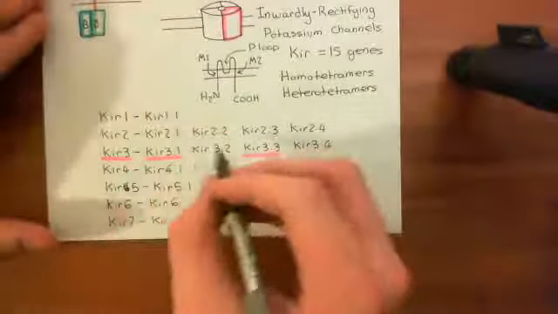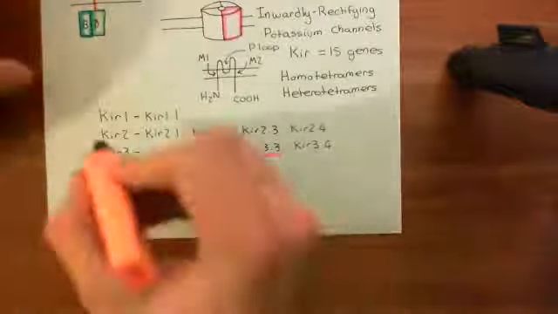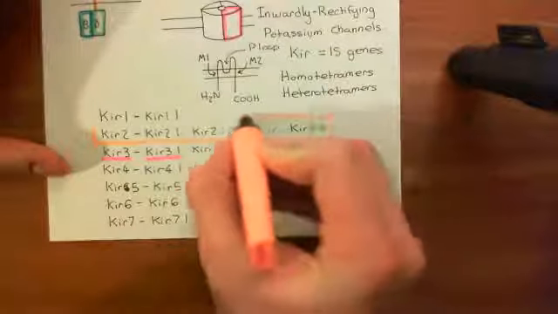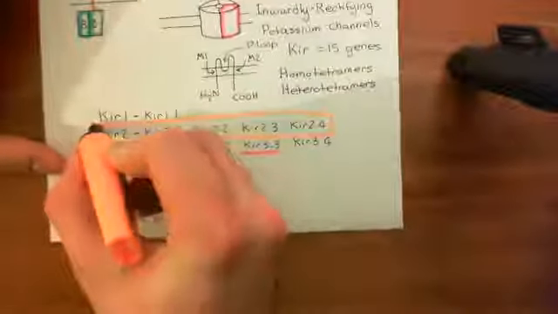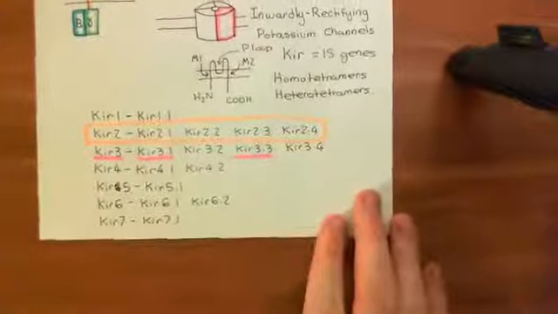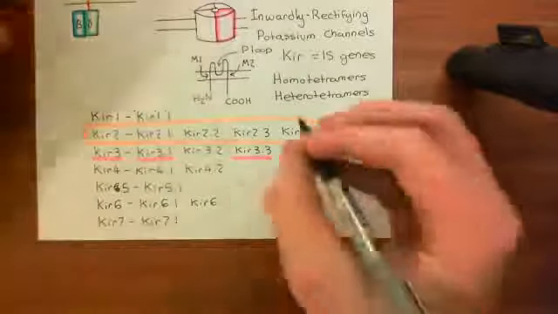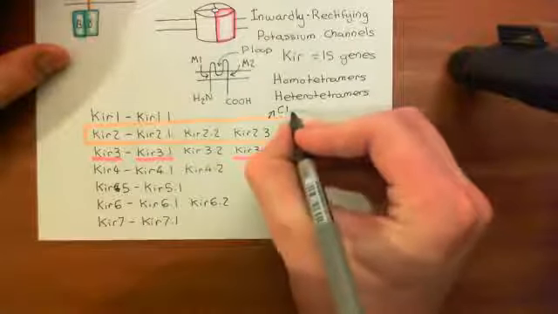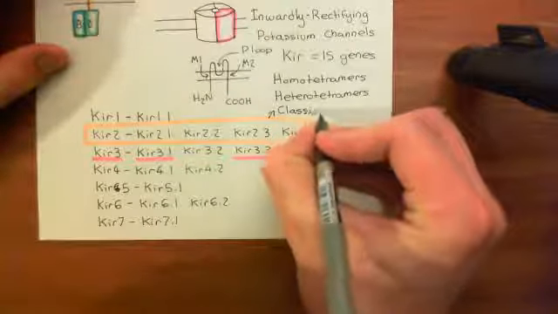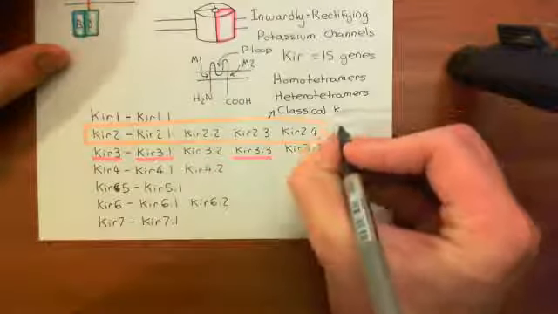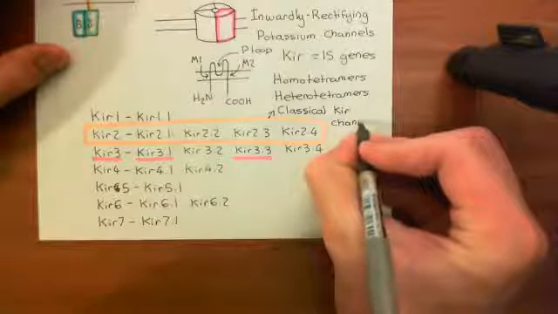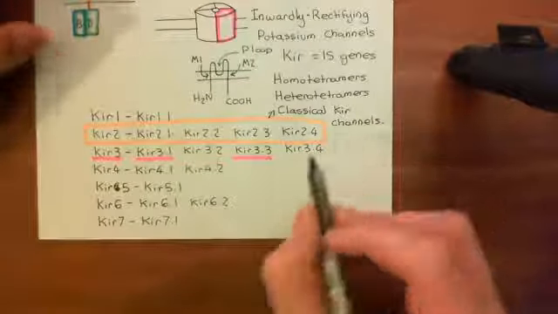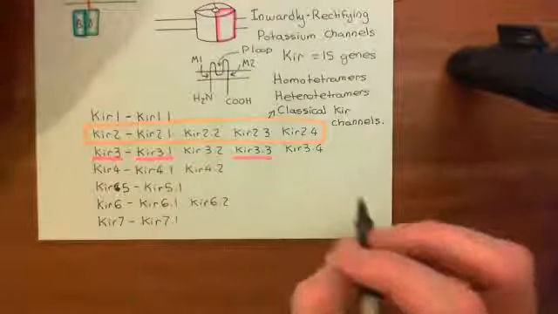If you build inwardly rectifying potassium channels out of the KIR2 family, whether they're homotetramers or heterotetramers, they will be called classical inwardly rectifying potassium channels. So the channels built out of this KIR2 family of subunits are called the classical KIR channels.